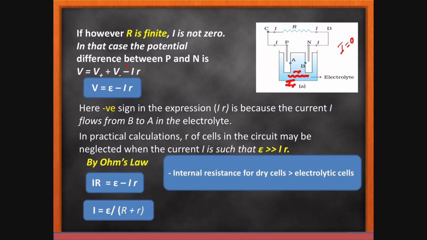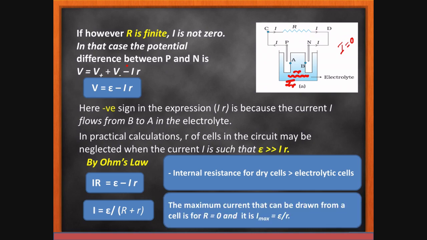Generally, the internal resistance of a dry cell is greater than that of electrolytic cells. The cell will pass the maximum current when the external resistance is 0, and the maximum value of current is E by r.